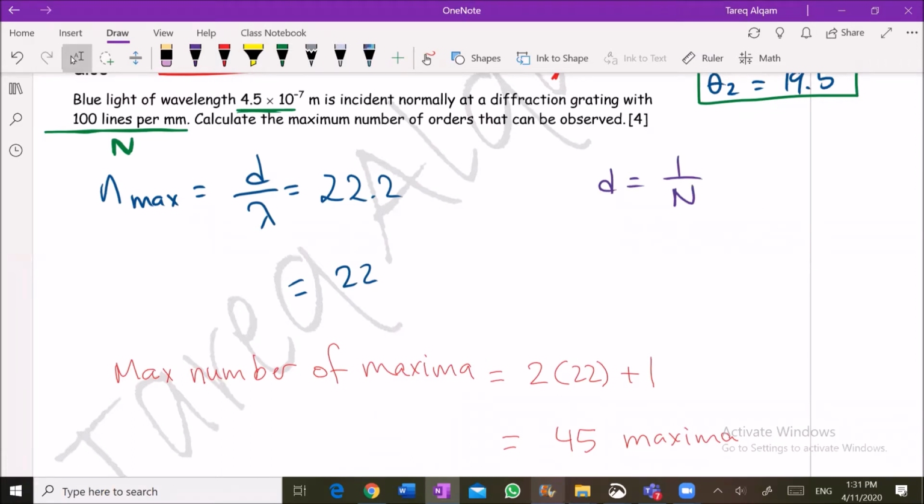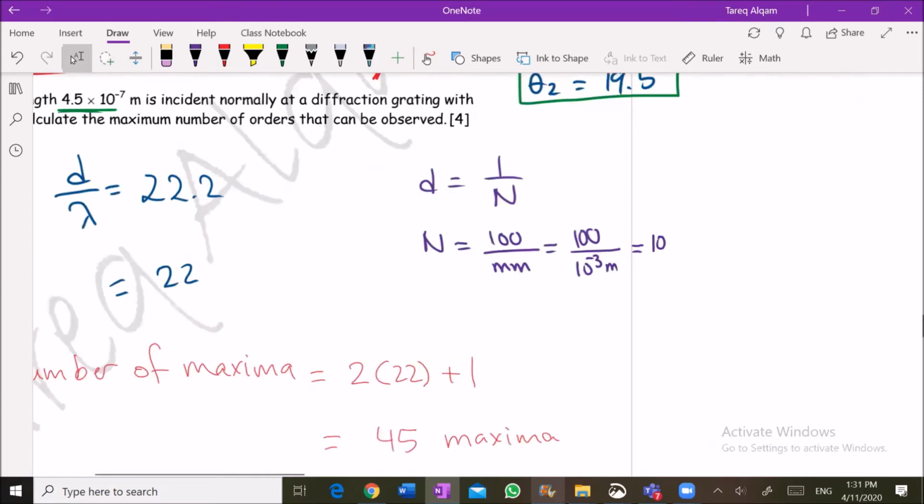N, we are given 100 lines per millimeter, which is 100 over 10 to the power minus 3 meter. This becomes 100 times 10 to the power 3 m to the power minus 1. In other words, N equals 1 times 10 to the power 5 m to the power minus 1.